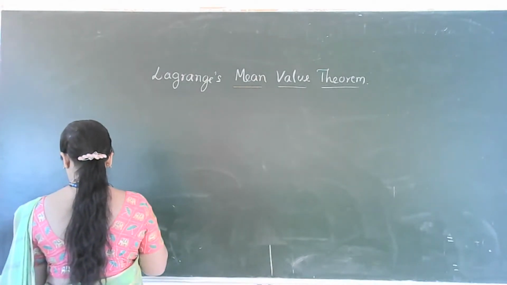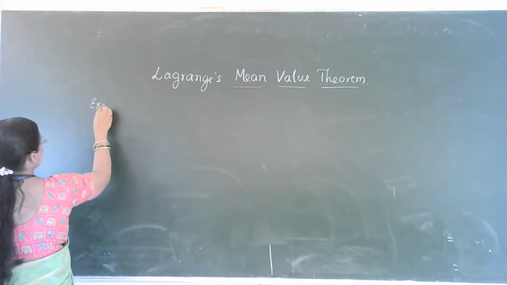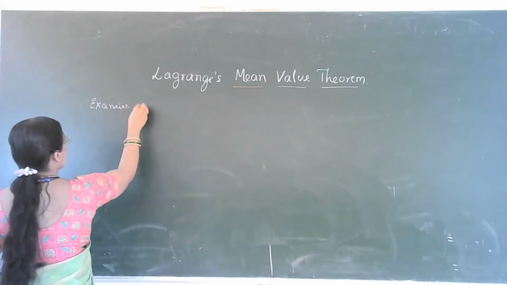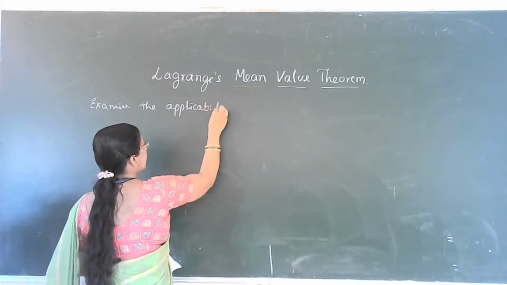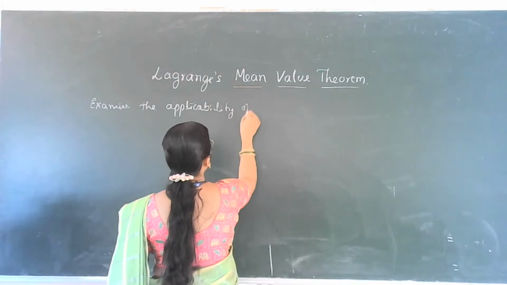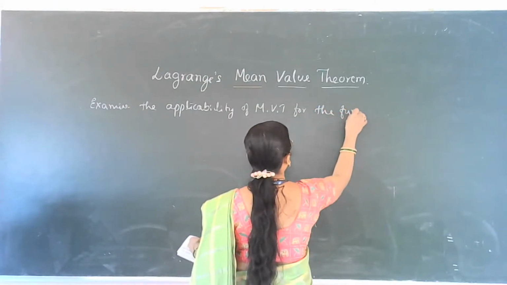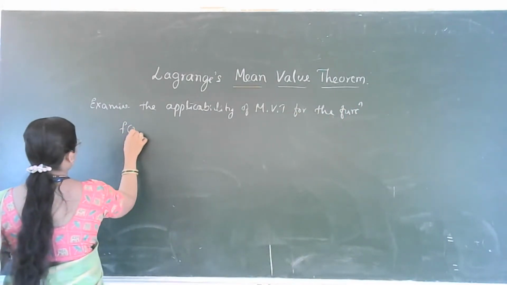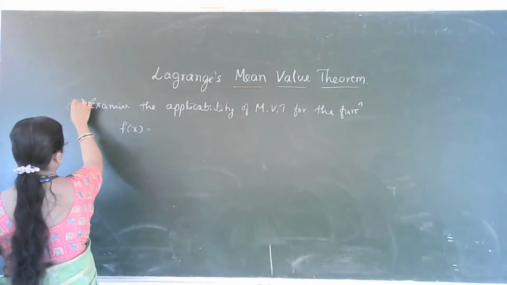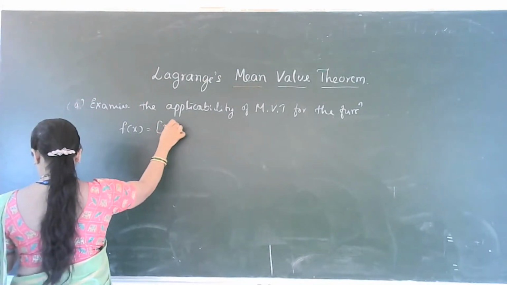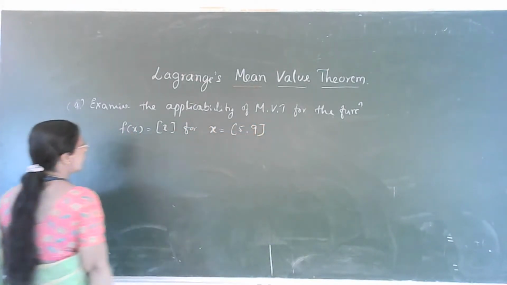Let me write one more problem, examining the applicability of MVT for the function f of x equal to the greatest integer of x, for x in [5, 9].